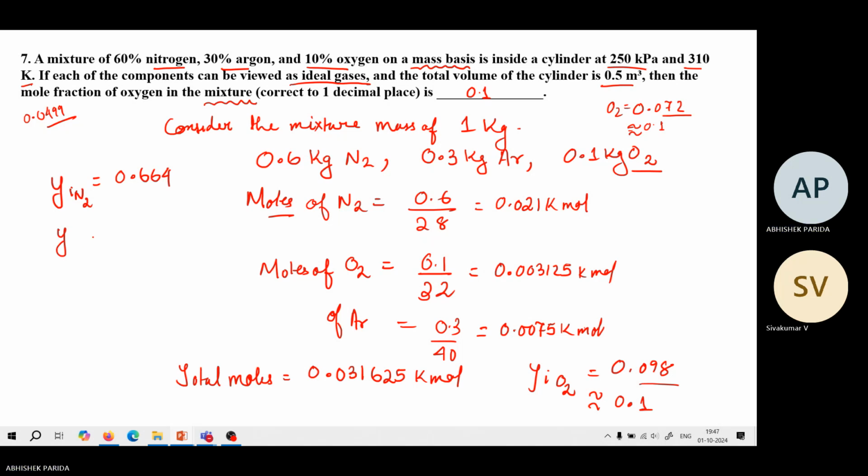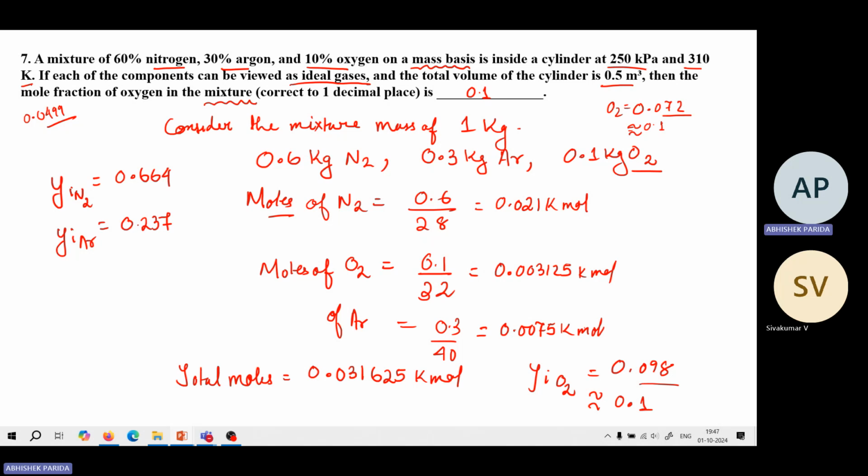Then argon: 0.0075 divided by 0.031625 is 0.23. Okay. I hope when you add, you get one.